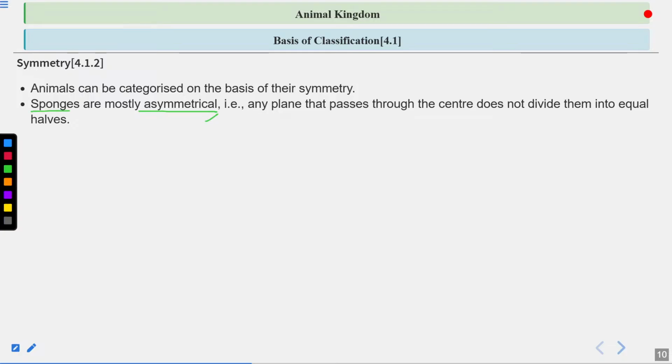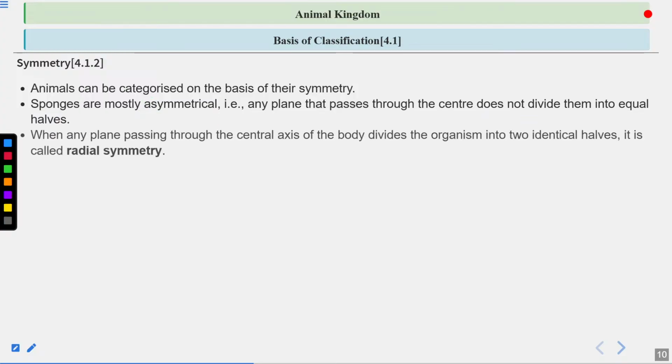So the sponges, the poriferans, are asymmetrical. This is not an advanced feature; the advanced features we will see later on. This is the lower feature.